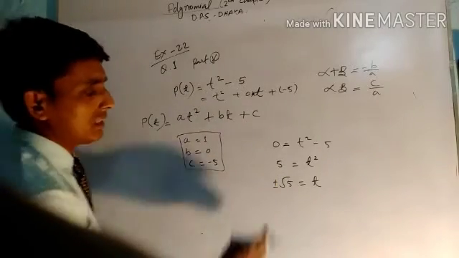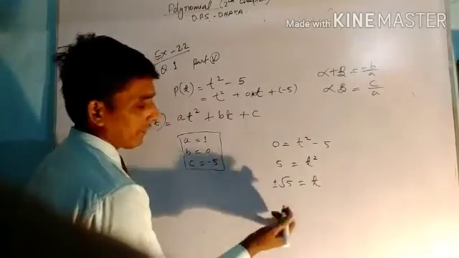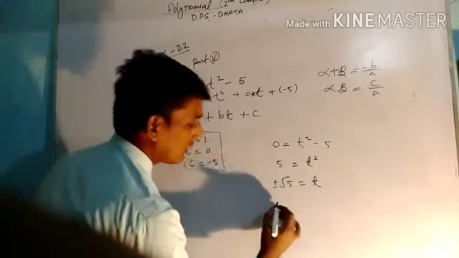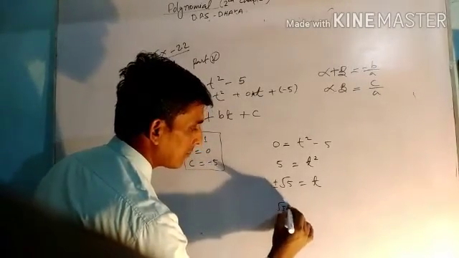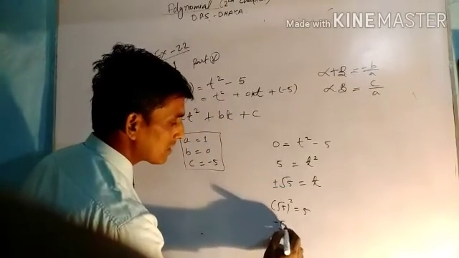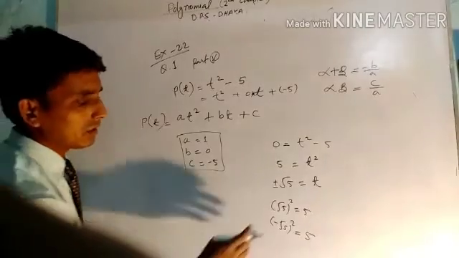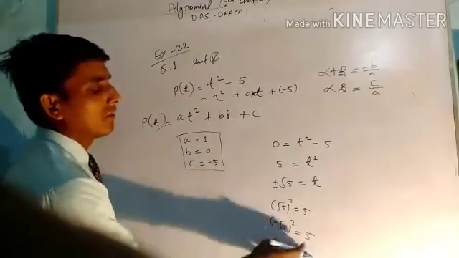You know why we are applying plus minus? Because if you take root under 5 and square it, then you will get 5. If you take minus root under 5 and square it, then also you will get 5, because the square of minus is positive.